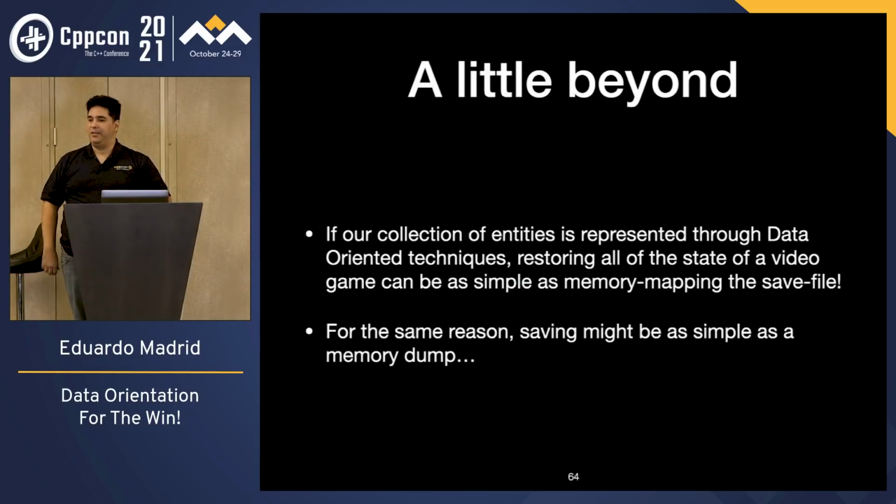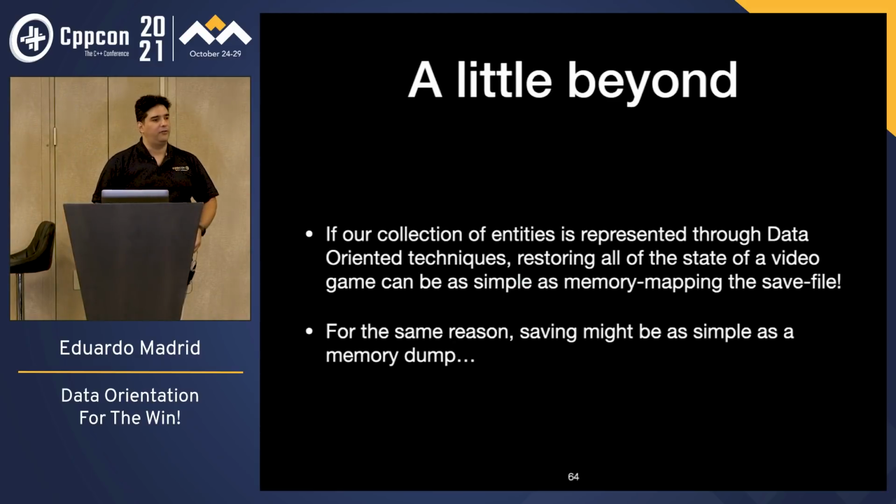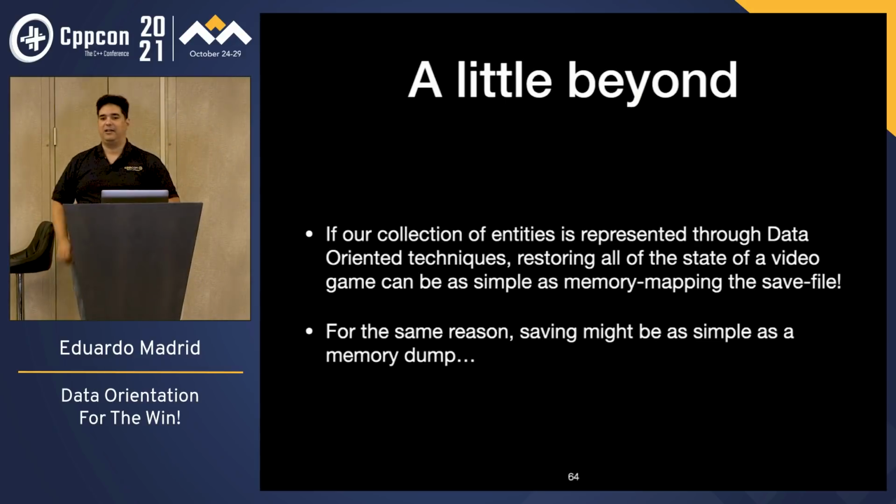You just memory map it. And the operating system is going to take care of actually reading from storage when the data is actually used. So I am literally working on that. I want to achieve it.